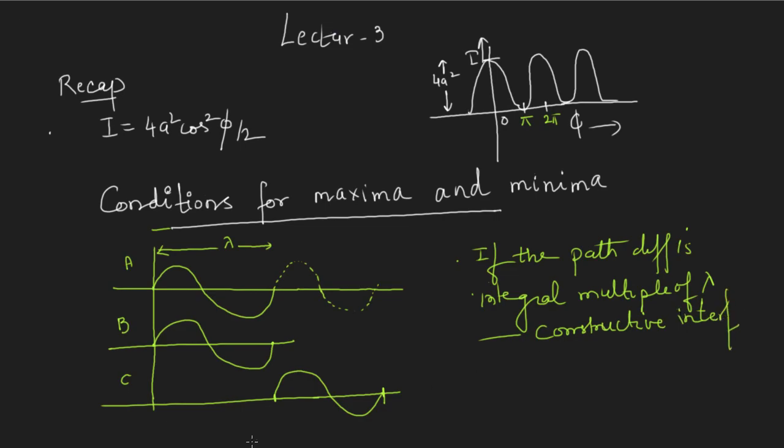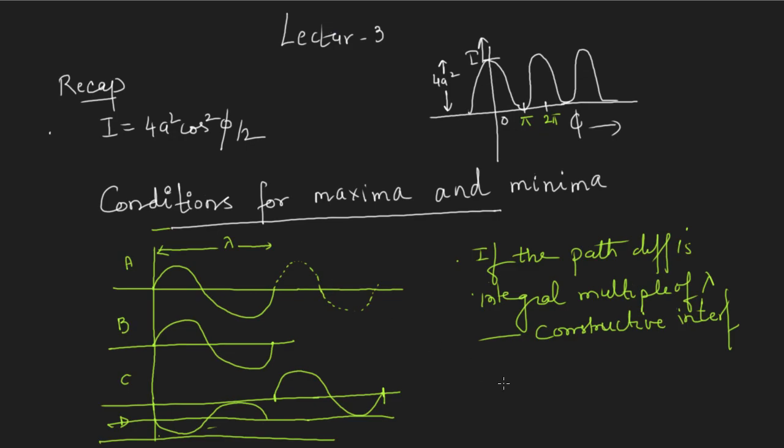Now, if I take a wave which is completely out of phase, for example, like this, and then if I superimpose wave A and D, then I will see that both the waves will superimpose destructively. Here it is completely out of phase. The path difference is lambda by 2. Similarly, I can also have a wave with a path difference of 3 lambda by 2.